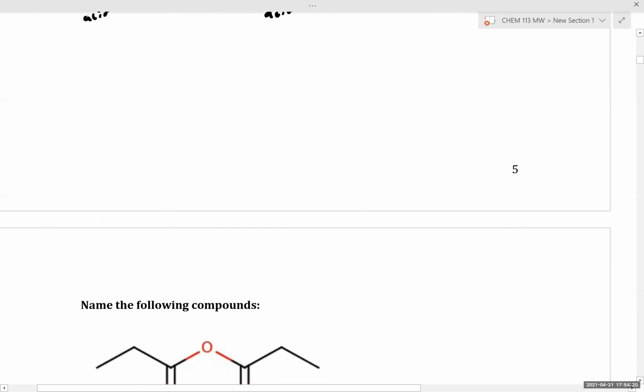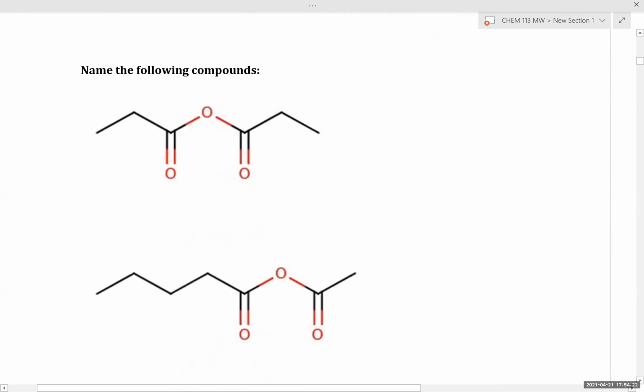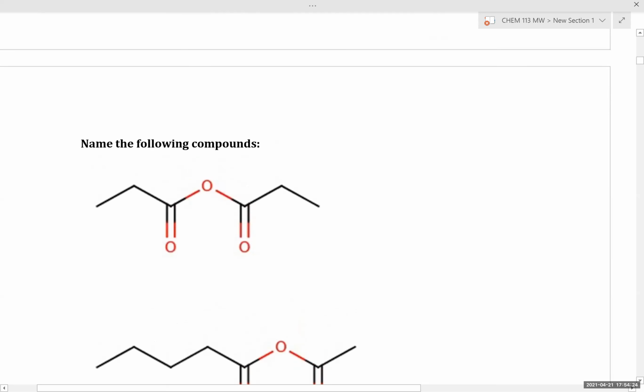Okay, so let's keep going now and let's try to name the following compounds. And just as a modification, let's add a carbon to get a new anhydride. And let's try to name this new anhydride.